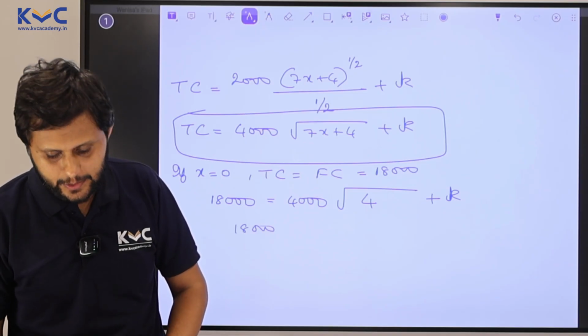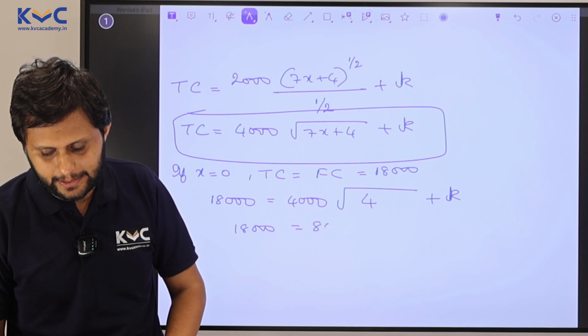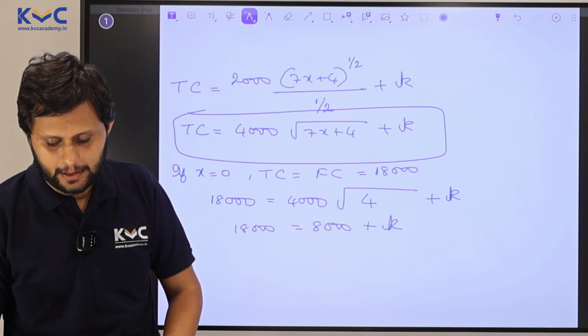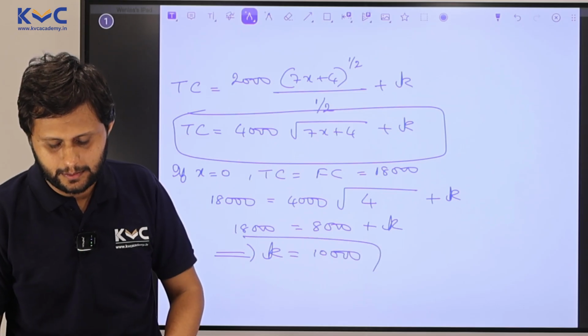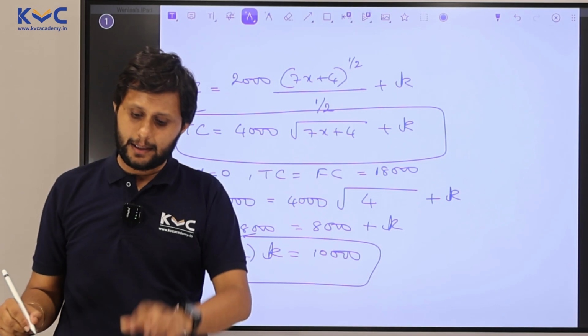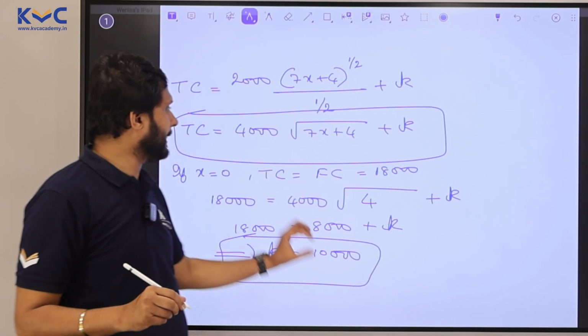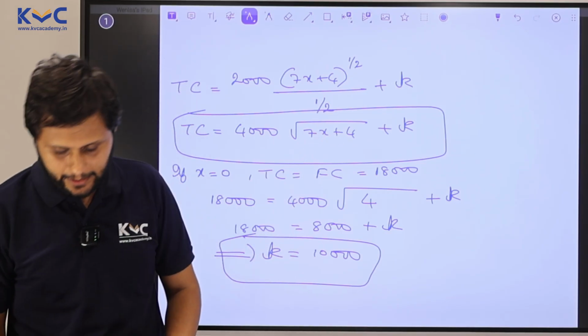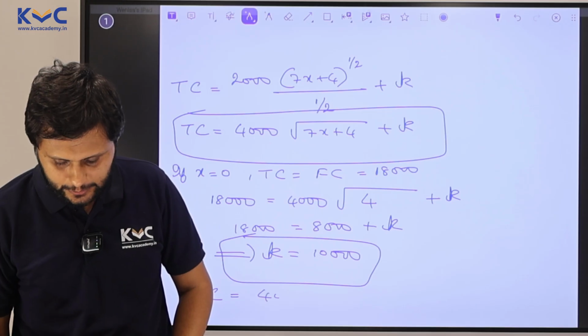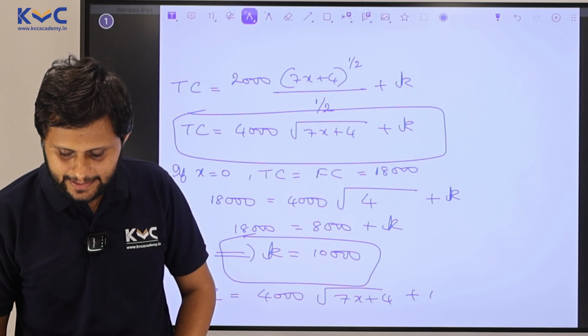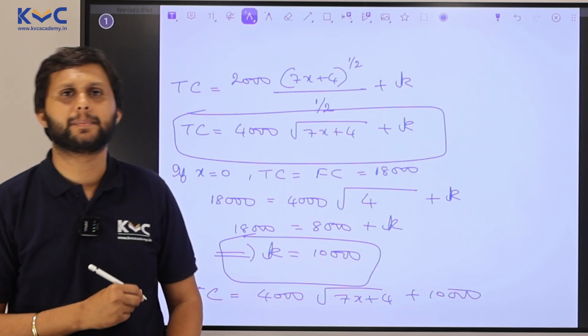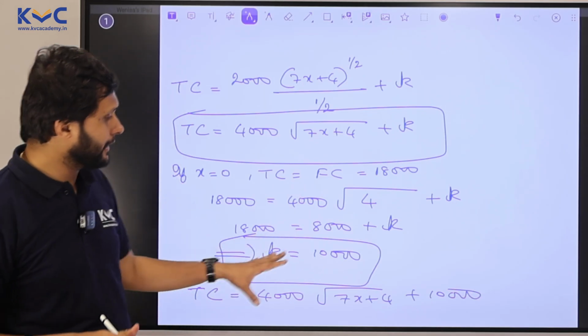So I have 18,000 equal to 8,000 plus k, which implies k is equal to 10,000. Correct? Now I'll take this value of k back over here. I get total cost is equal to 4,000 square root of 7x plus 4 plus 10,000. This is the right way of doing it.